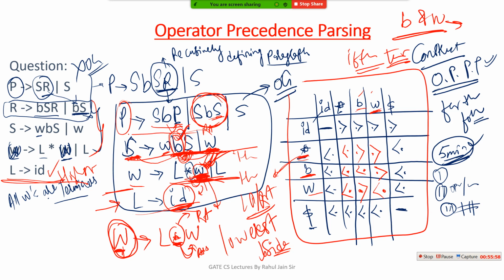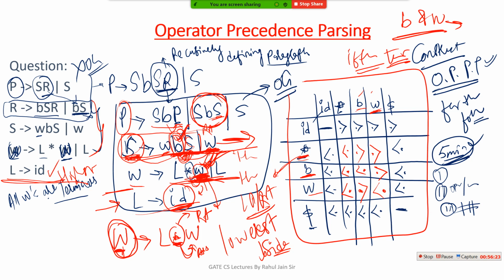We can only deduce something about B here: this S is directly saying that the left hand side non-terminal exists on the right hand side of this B. That is why this is right associative. This transition deduces that the small b, that is terminal B, is right associative. Is it clear now?